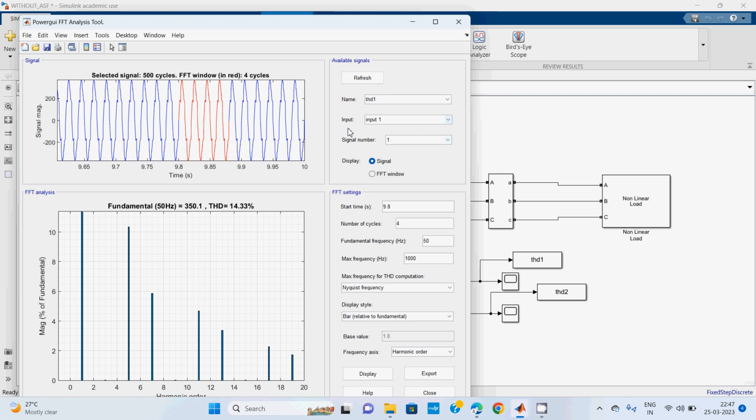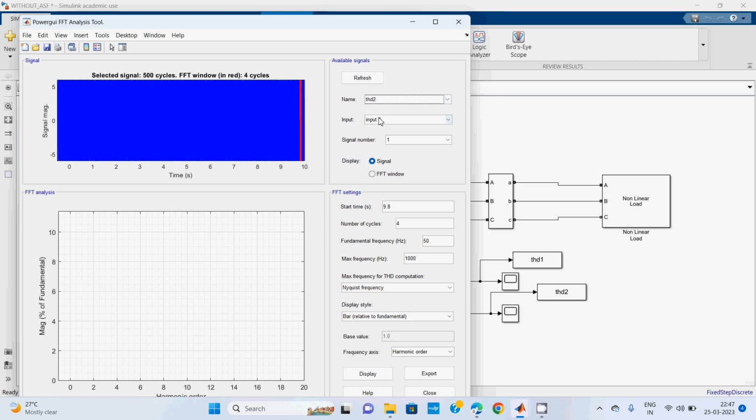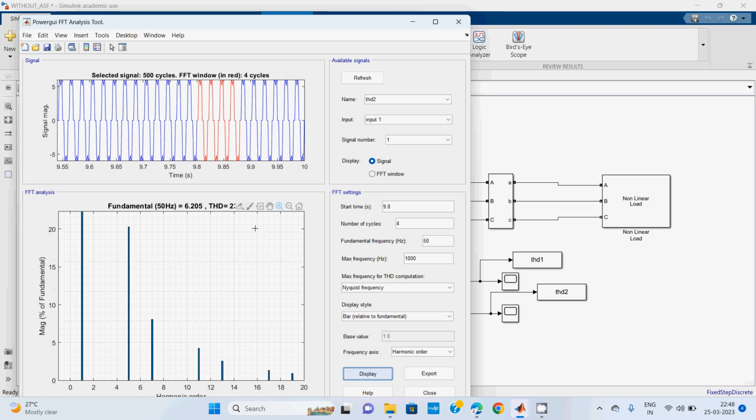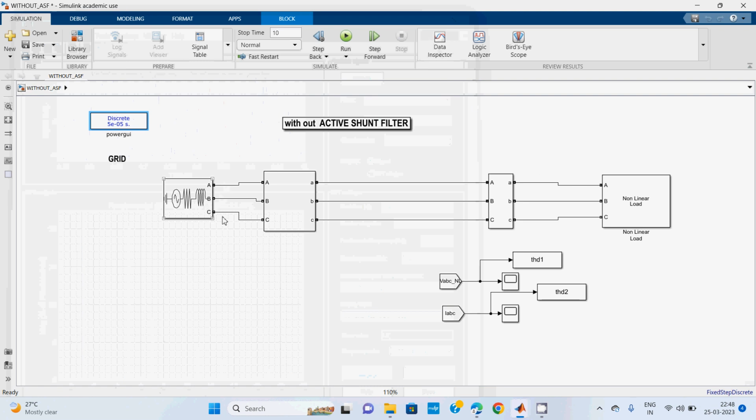Before connecting any active filter, the THD at the sending side voltage will be 14.33 percent, and the load current will be nearly 22.47 percent. So this will affect the sending end currents.